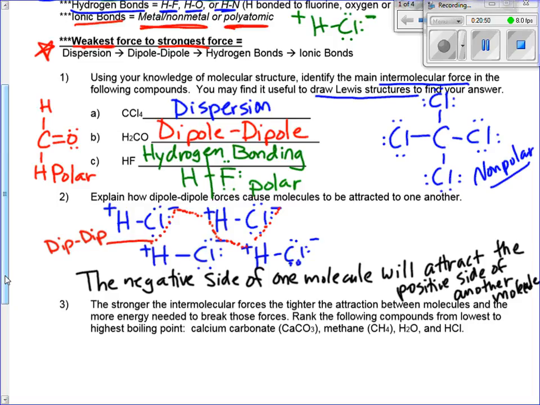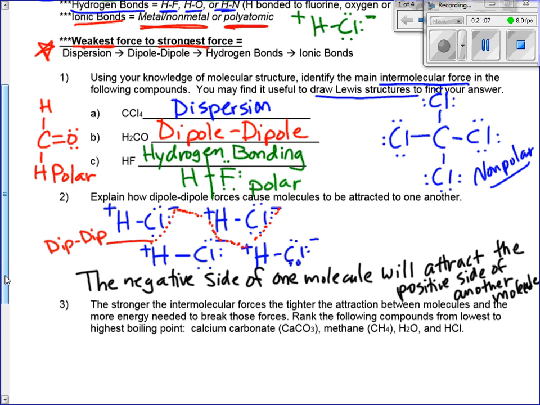Okay, so that's what you would want to write in if you are going to be having to put it into words. Okay? So keep that in mind when you're looking at these examples. If it says explain, this is how you would want to explain it.